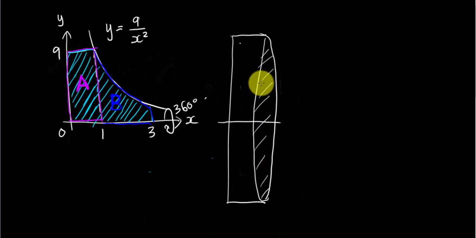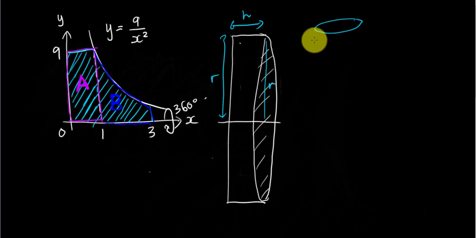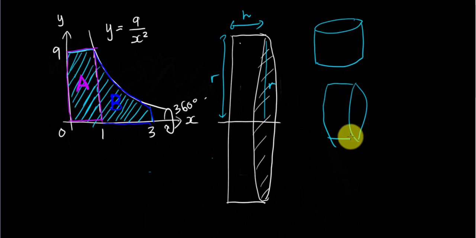What I want you to understand is, this will be the radius, from here to here. If you see the circle, here to here is a radius, isn't it? Here to here is the height of the cylinder. In case you do not know what a cylinder is, it will look something like this. In this case the cylinder is free to look a little bit like this. So the radius is here and this will be the height.